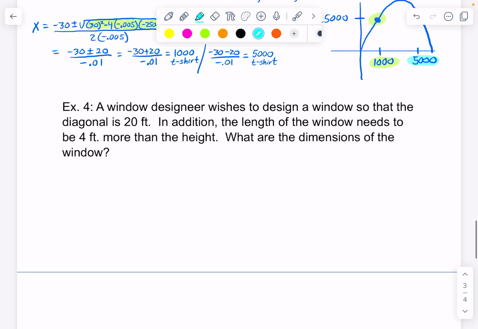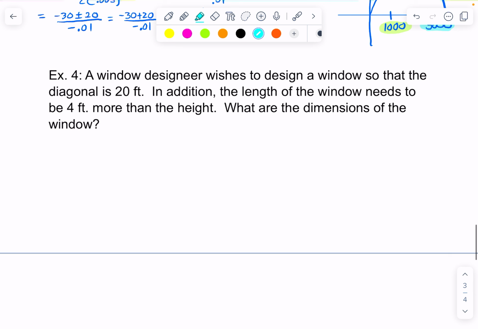All right, next example. A window designer wishes to design a window so that the diagonal is 20 feet. In addition, the length of the window needs to be 4 feet more than the height. What are the dimensions of the window?